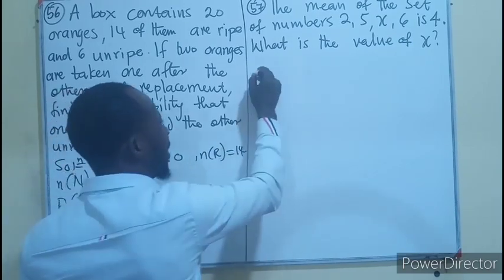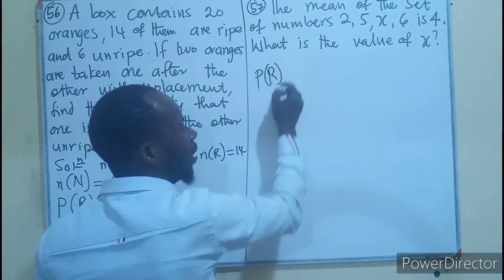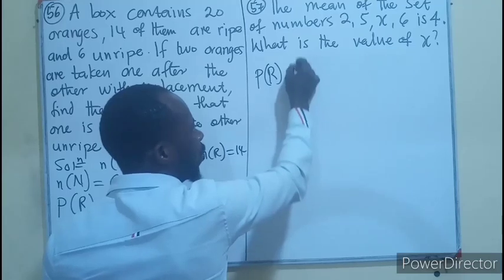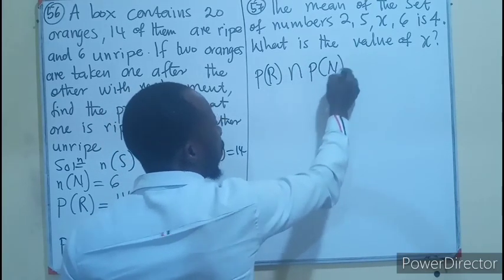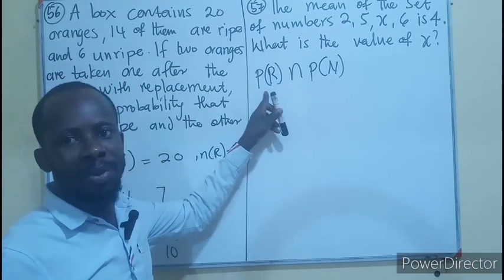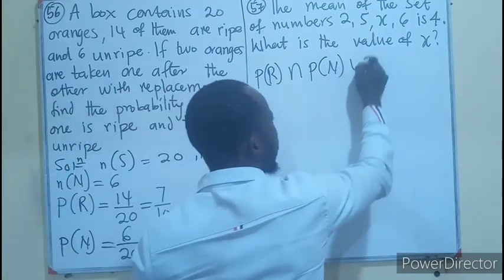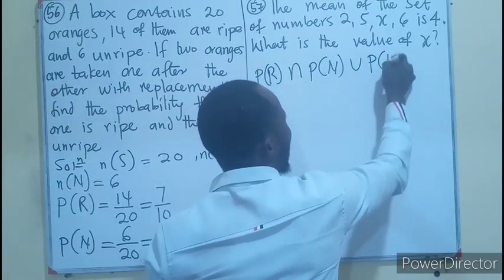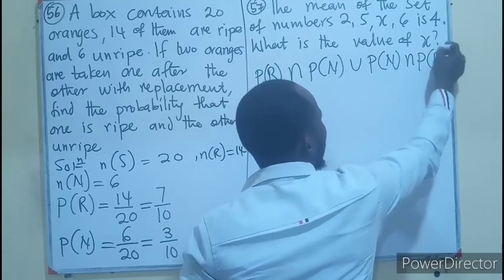So it means that we can find the probability of the ripe orange, which is the intersection of the probability of the unripe orange. This is what it means. The first one is ripe, the second is unripe. Or, which is the union, the probability of the unripe, intersection, the probability of ripe.